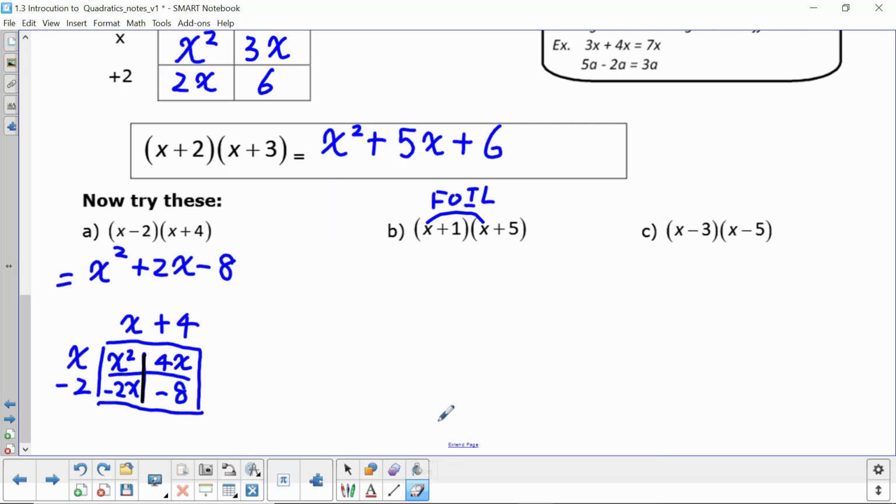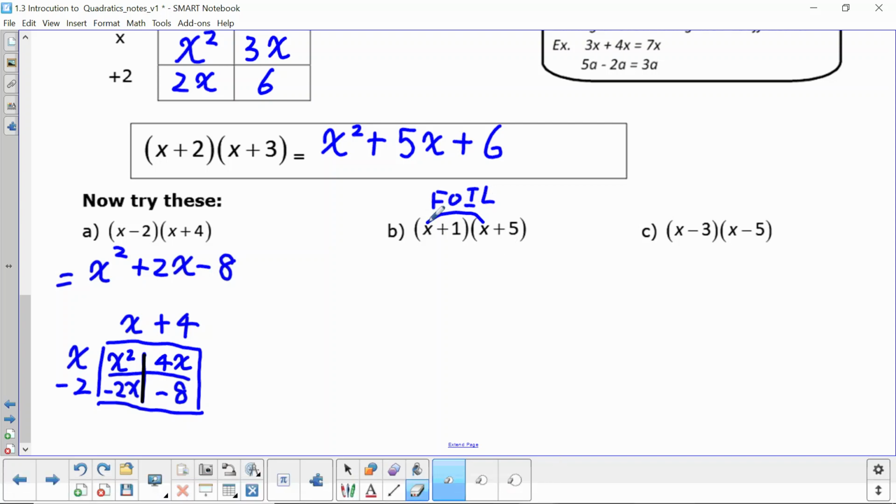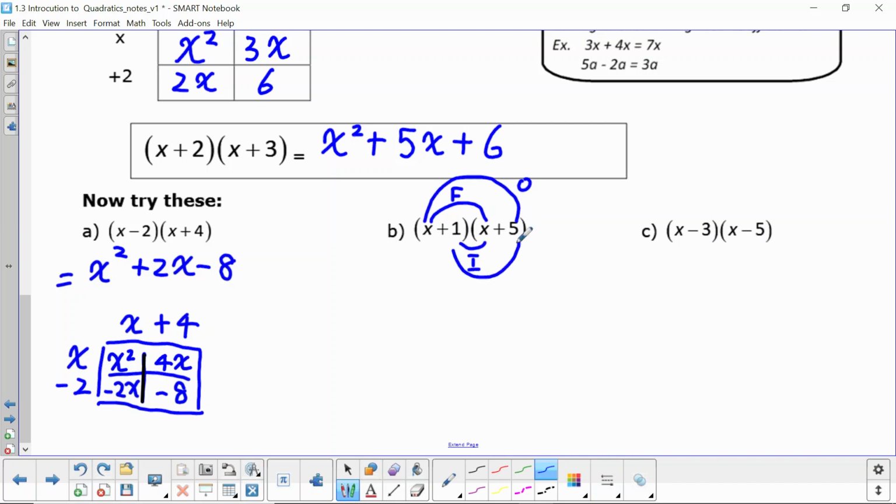And for the O, it means outside times outside. So I will rewrite it again. First term times first term, we call it F. Then outside times outside is O. Inside times inside is I. Last times last is L.